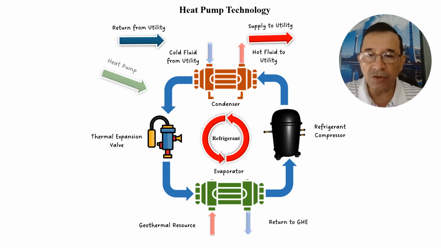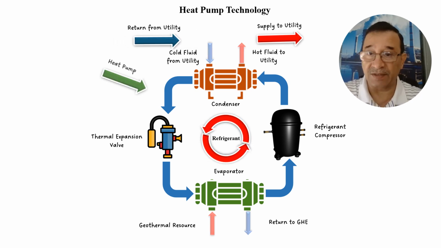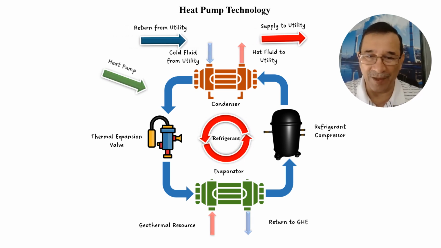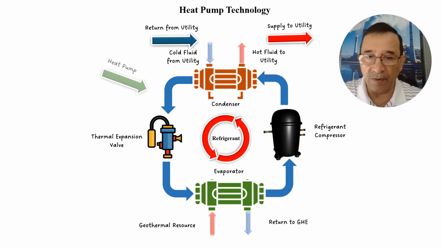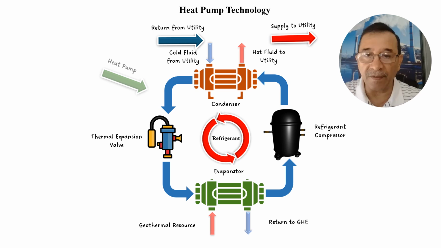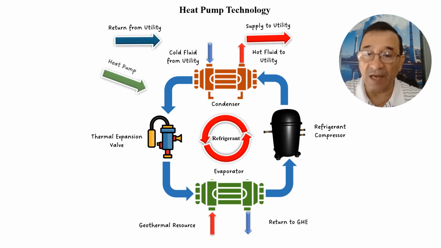Then we have a geothermal source, which already extracts energy from the ground, passes through a heat exchanger, which is called the evaporator, because it evaporates the circulated fluid inside the heat pump.